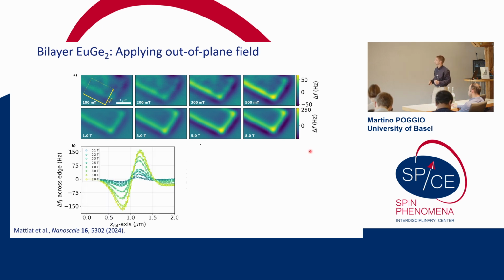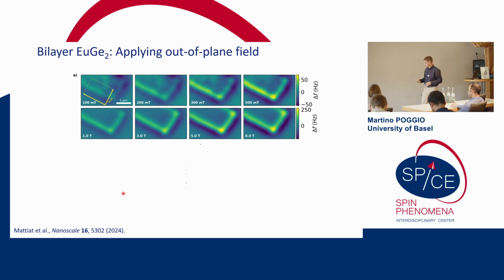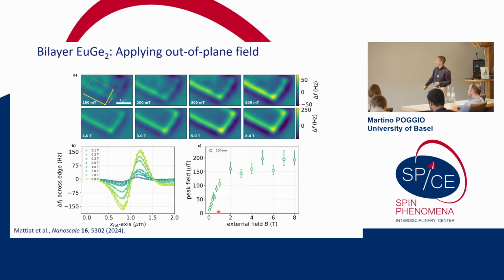And you can see that maybe a little bit more quantitatively if you take a line cut across here and plot that, and you see that the signal gets bigger and bigger as you go to higher and higher field. And in fact, if you plot the amplitude, you can make something equivalent to a magnetization curve, where you see that it starts to saturate around 4 Tesla, which is also what you observe in bulk measurements. So it seems that it works.